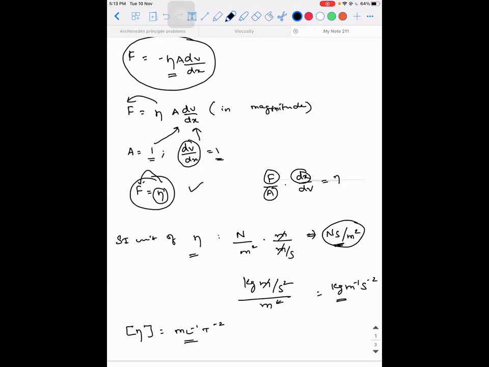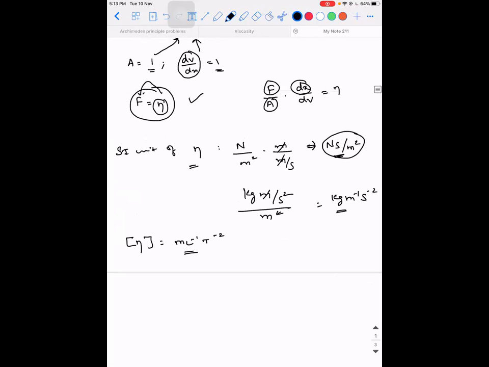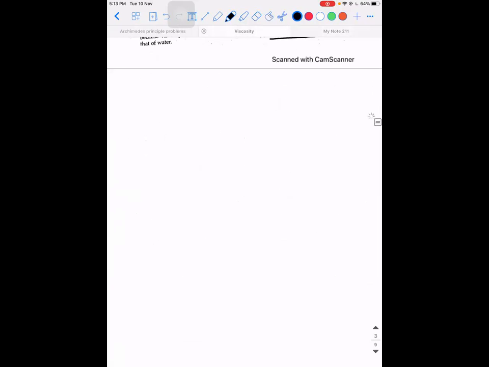Right? So this is the dimensional formula of coefficient of viscosity. So make a note of it. So I hope it is done. Now listen.